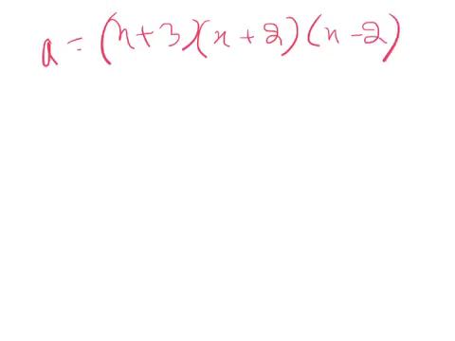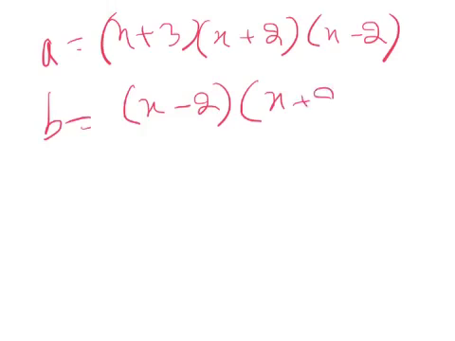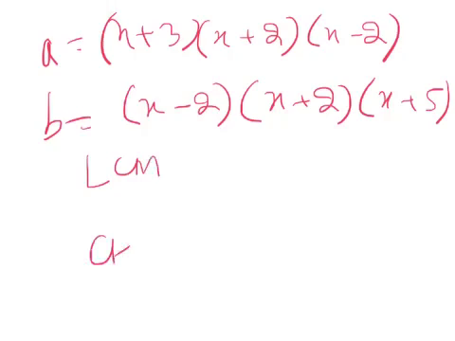Confident. A is x plus 3, x plus 2, x minus 2, and B is x minus 2, x plus 2, x plus 5. You said you can find it for everything. X minus 2 is the HCF, always easy, common factors.